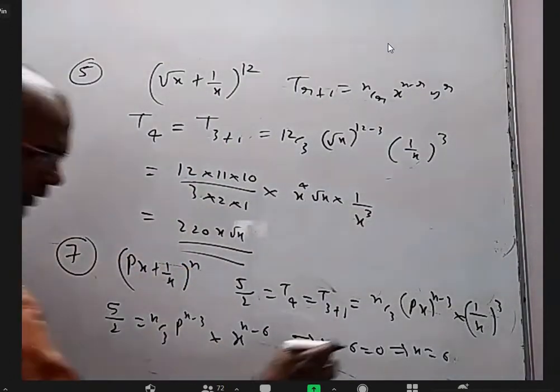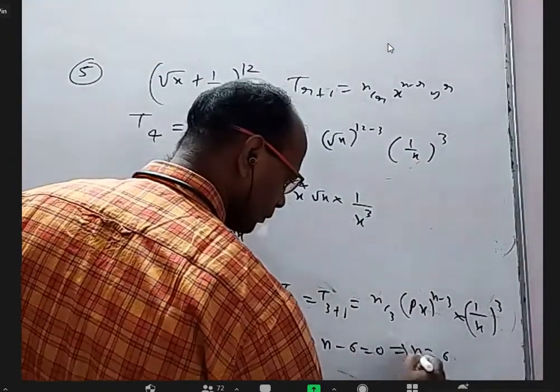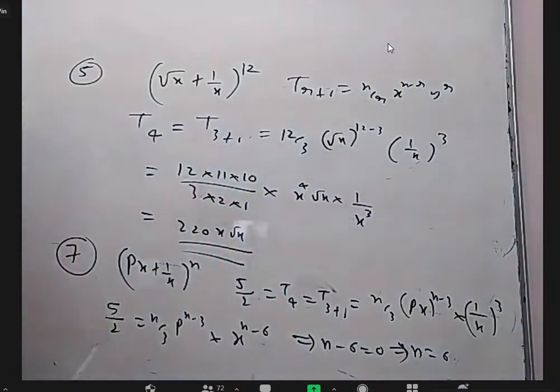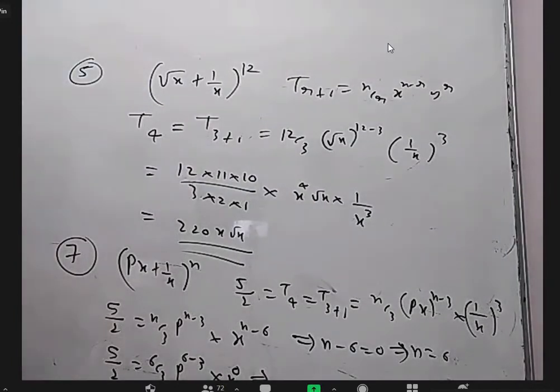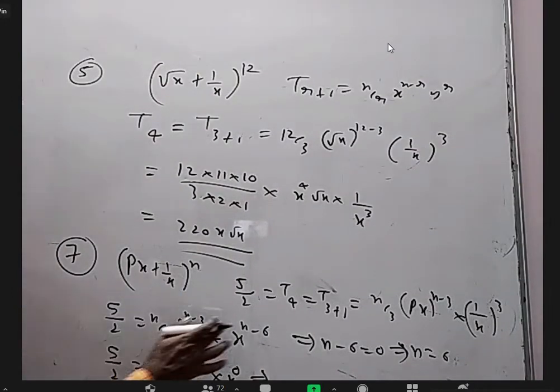Now, if I put n equal to 6, here 5 by 2 equal to 6C3, p power 6 minus 3, and x power 0 is 1. They could give here x square, x cube or something, but they did not give x. That's why the power of x is 0.